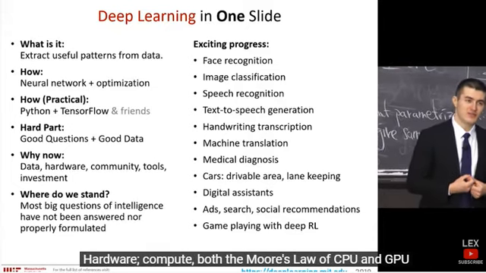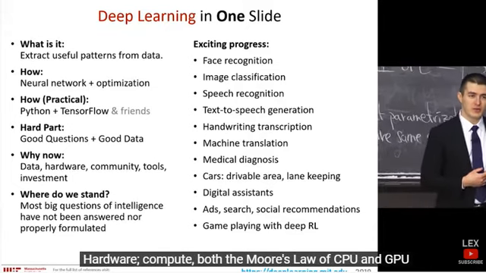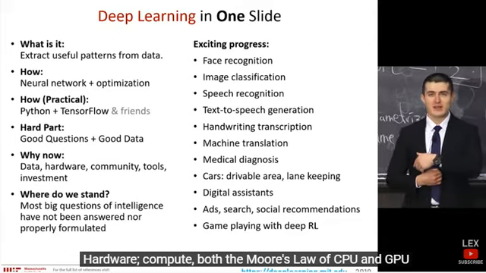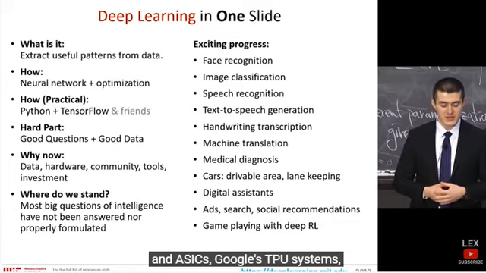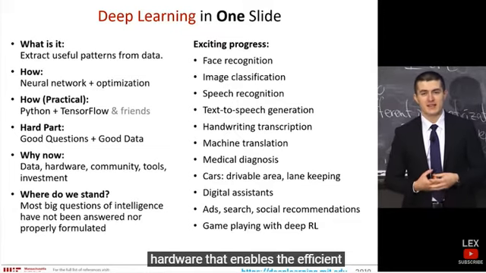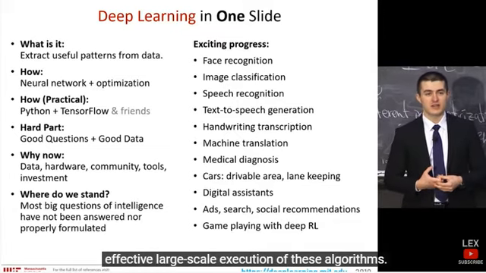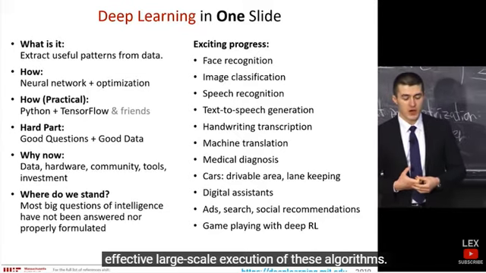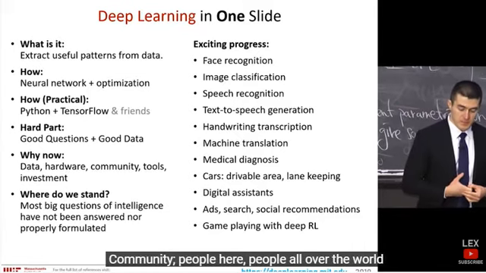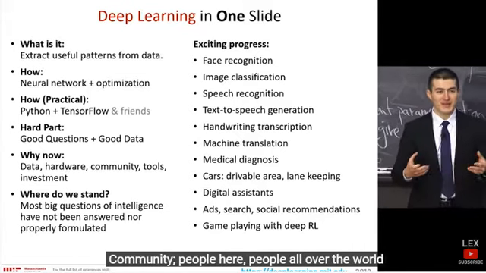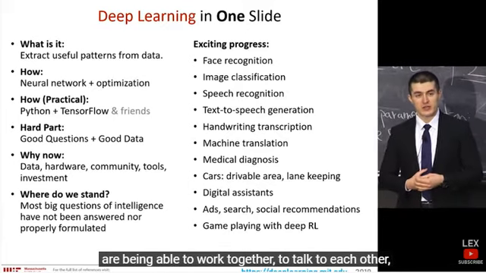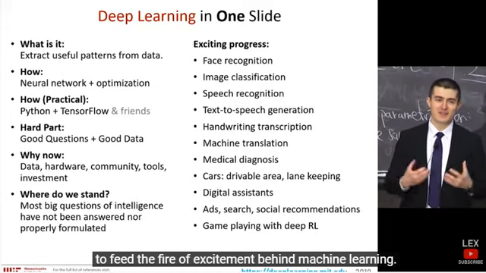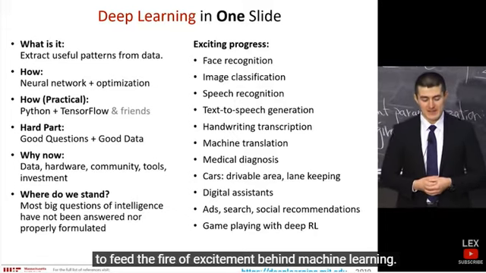Hardware, compute, both the Moore's law of CPU and GPU and ASICs, with Google's TPU systems, hardware that enables the efficient, effective, large-scale execution of these algorithms. Community. People here, people all over the world, being able to work together, to talk to each other, to feed the fire of excitement behind machine learning.